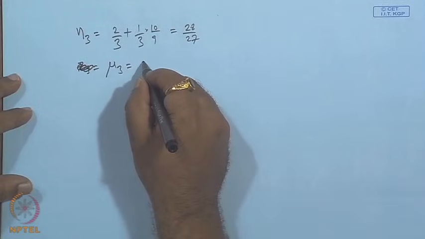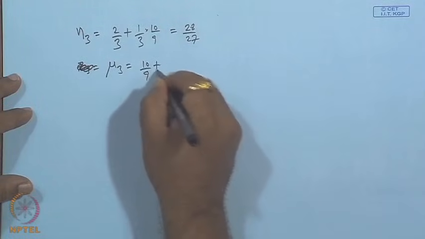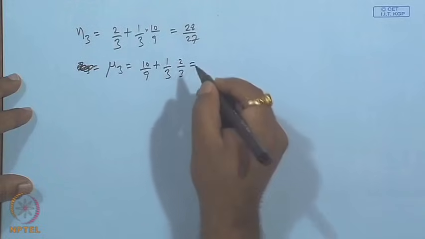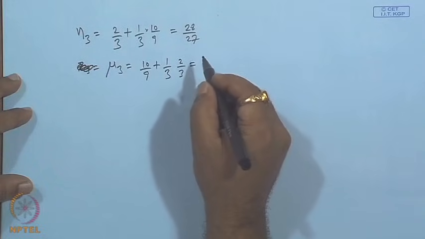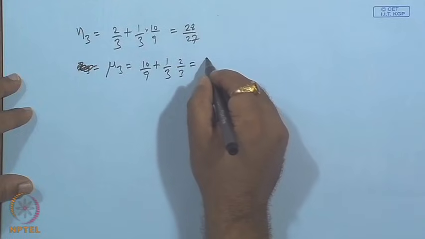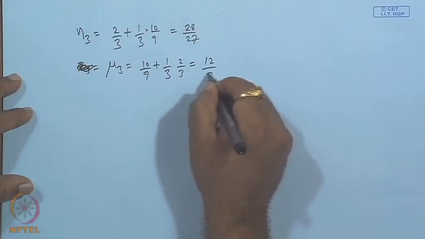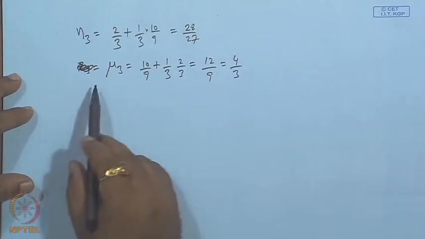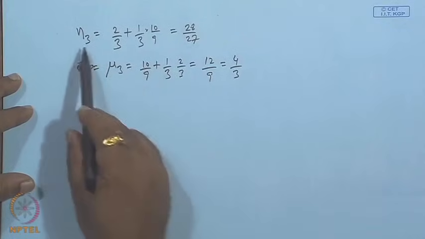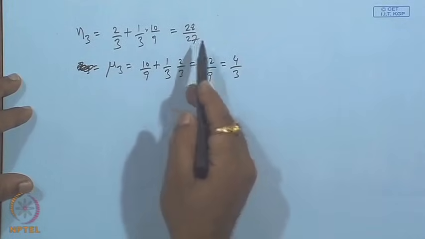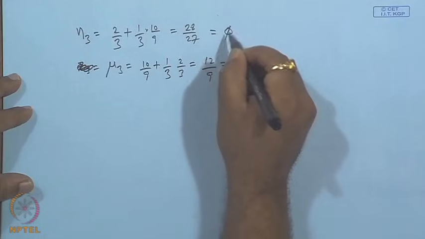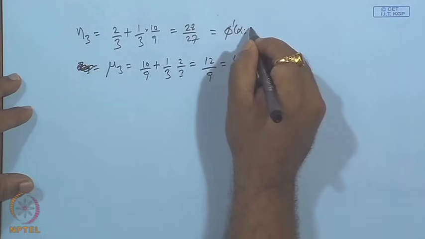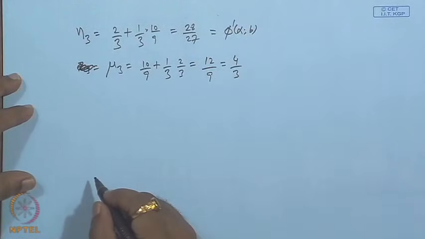Mu 2 is this, so this will be the value. So, we have obtained eta 3, which is nothing but phi dash of alpha, of course with this b.